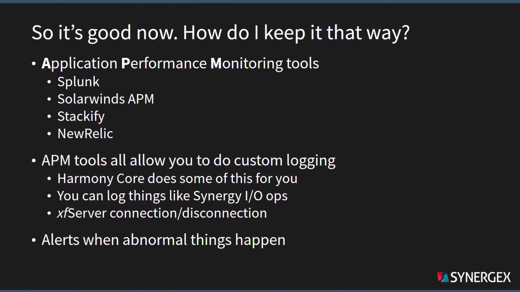In addition to the basic things that they offer, which is they collect performance traces for everything that's going on, you can also do custom logging. And we actually do a little bit of this stuff for you already inside Harmony Core for things like Synergy IO ops.